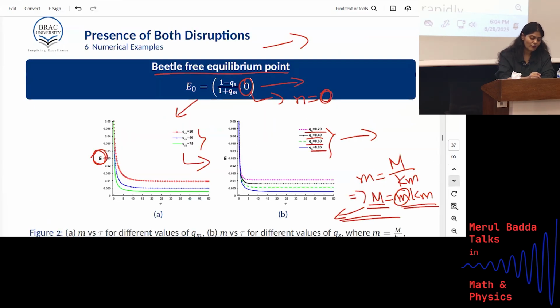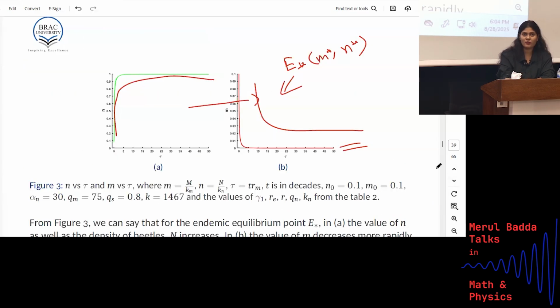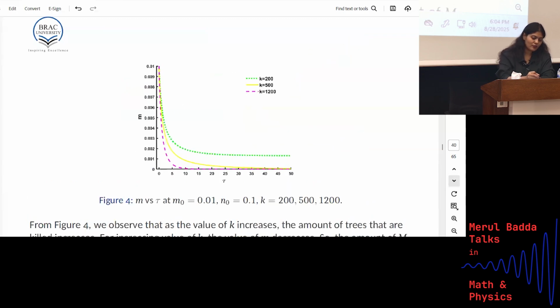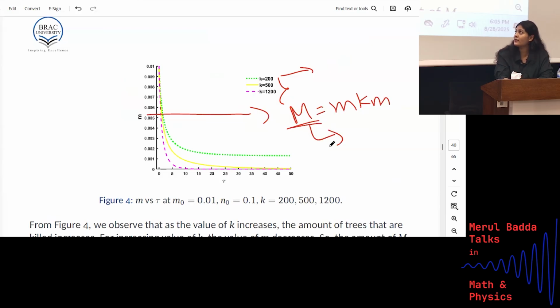So the beetle attack decreases our trees more rapidly. If we increase the value of K, which represents the amount of trees killed by the beetles, the value of M decreases more rapidly, so the density of trees also decreases for the increasing value of K.